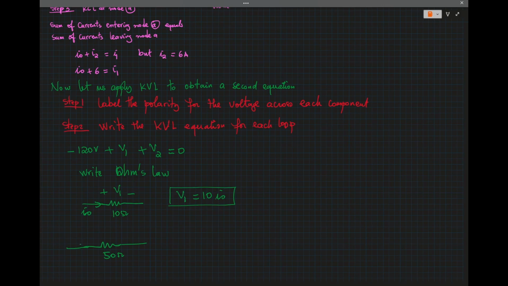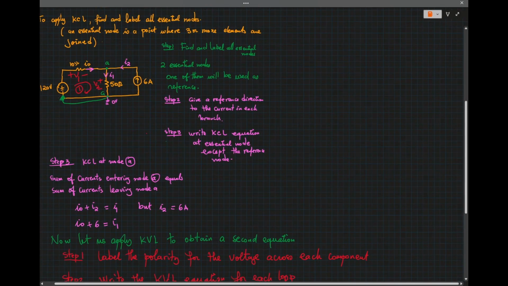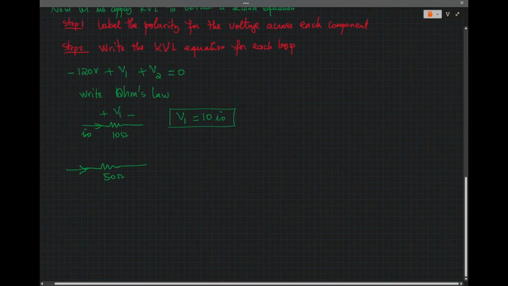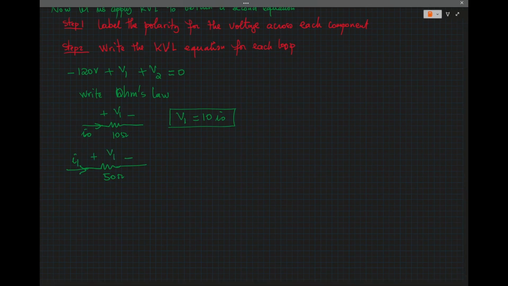Okay, and the current through that 50 ohm is I1, and we label the polarity of V2 as such. So V2 will be equal to 50 times I1.